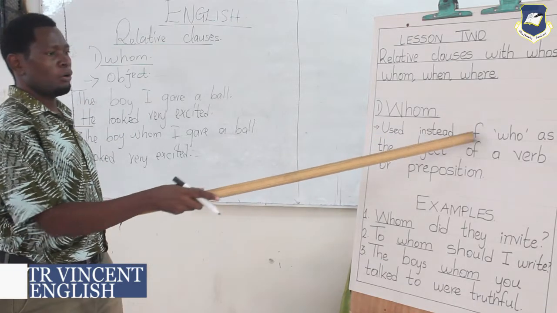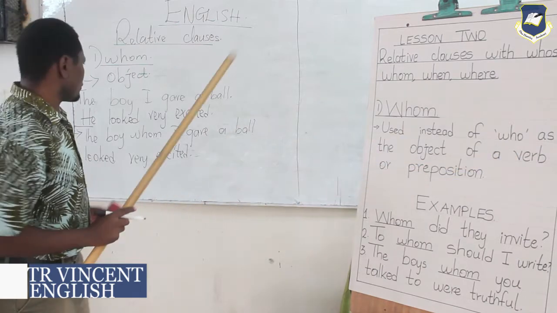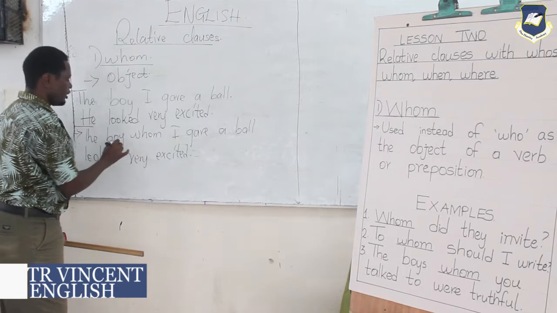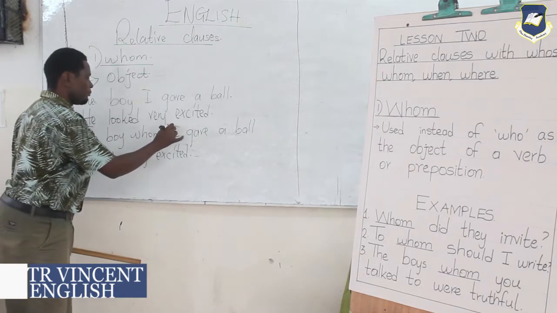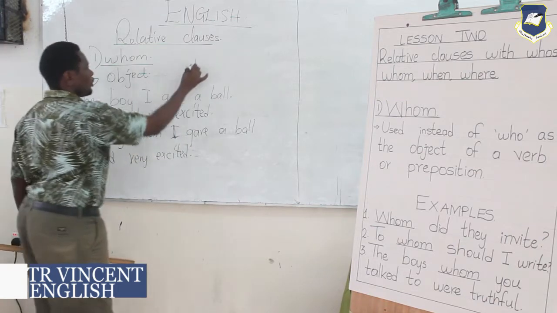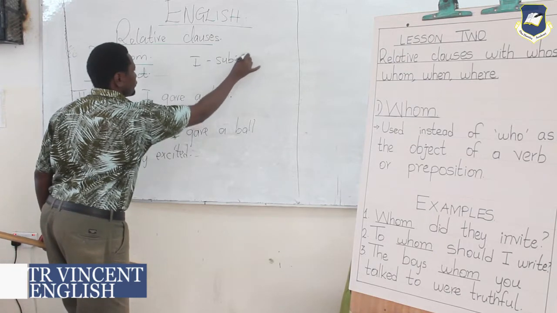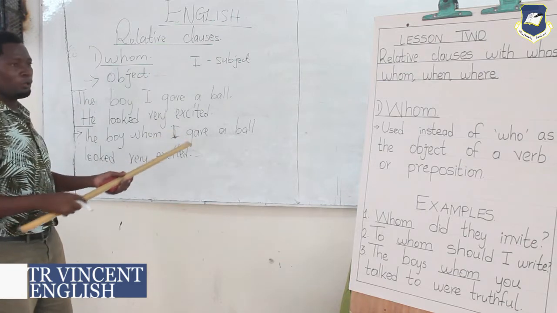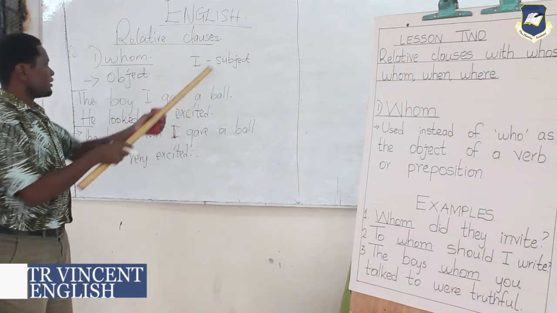Used instead of who as the object of the verb or preposition. In this case, the boy whom, the act of giving a ball was done by I. So I here is the subject, meaning the doer of the action. The giving of the ball was done by I. So in that case, I is the subject.